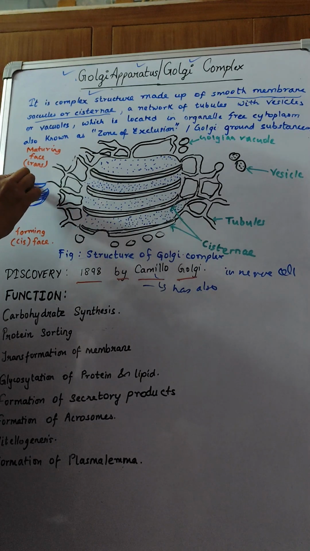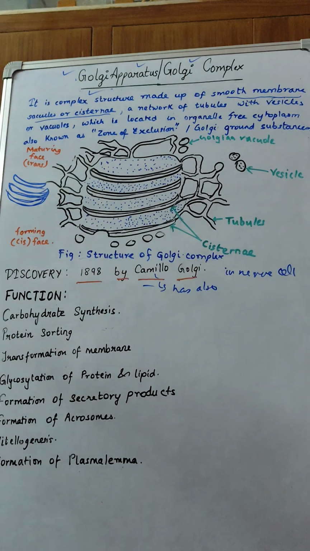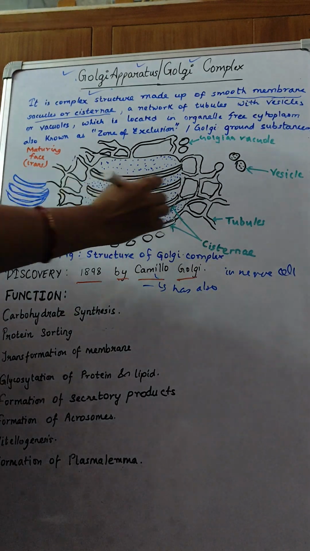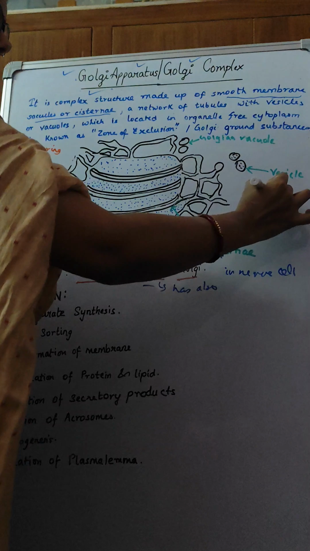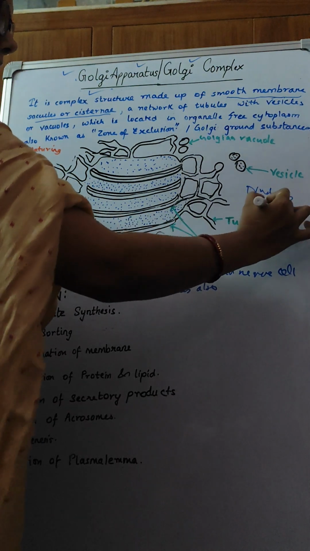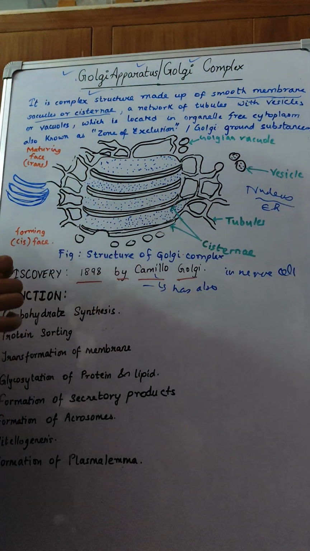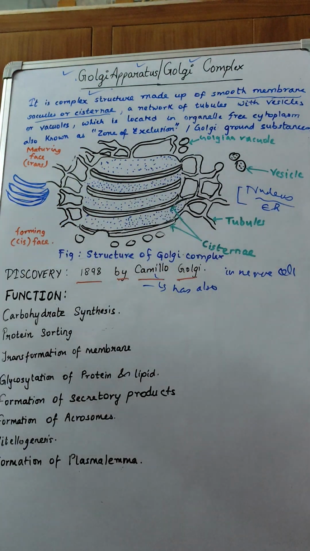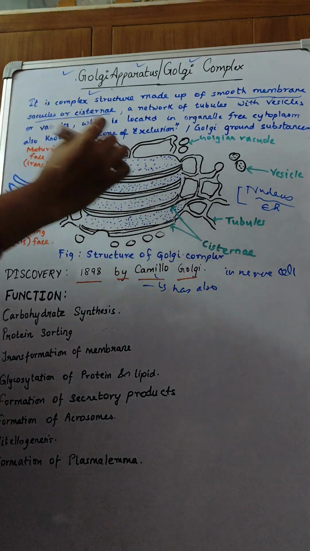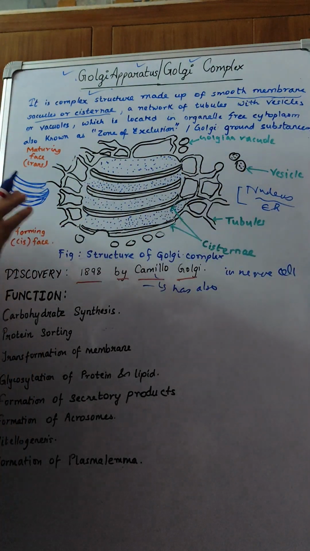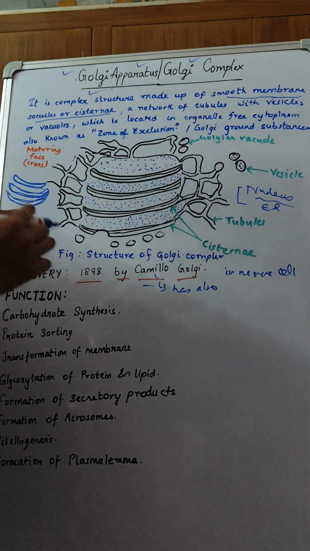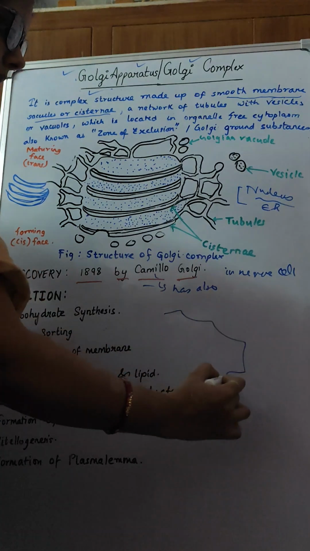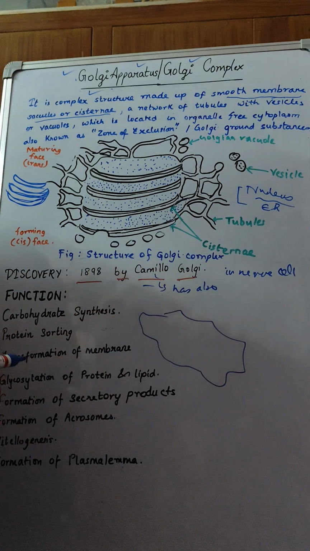This structure is located near the nucleus. It is always located near the nucleus and endoplasmic membrane, so it is near this area. Wherever the Golgi body is present, that particular area is devoid of any cytoplasmic structure. It means that area is an excluded part of the cytoplasm.